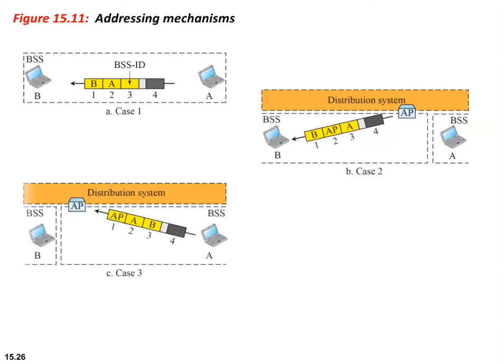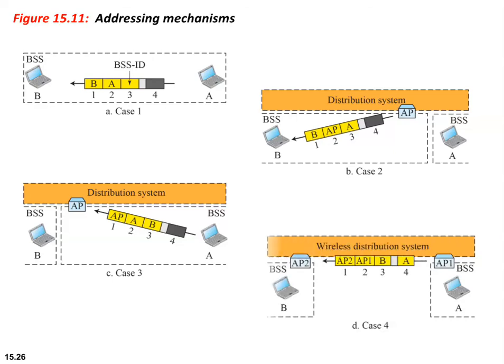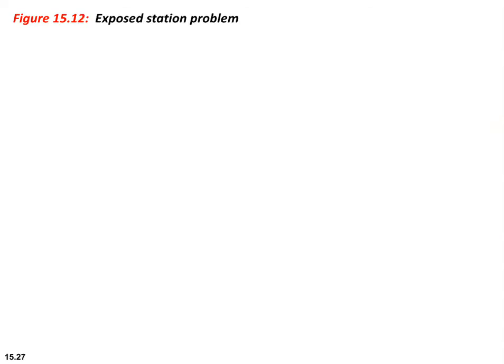Next is case 3, where To DS is 1 and From DS is 0, as a result of which the data is sent from station A to station B, where the destination is the access point. So address 1 is the access point, address 2 is station A, address 3 is station B, and in case 4, where both are 1 1, it is a wireless distribution system.